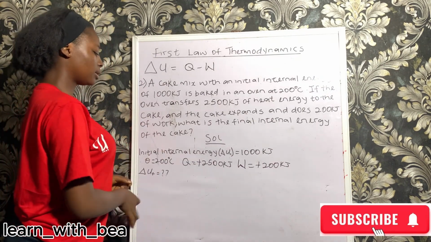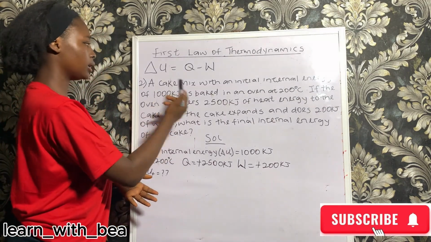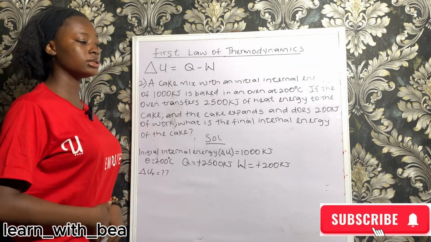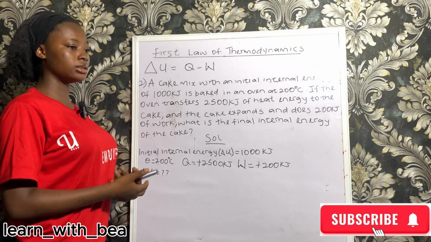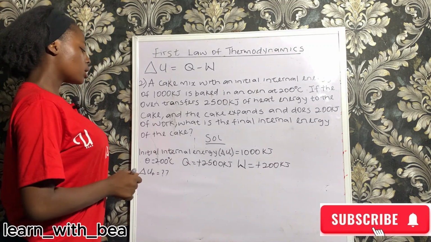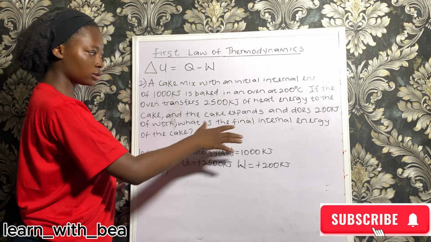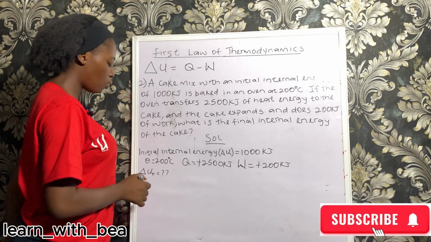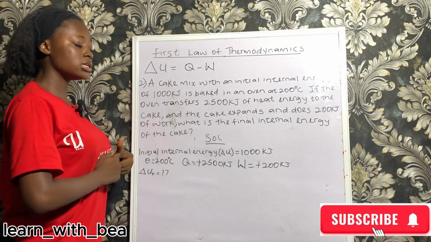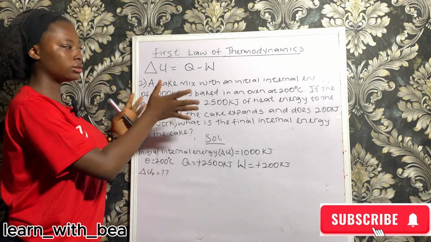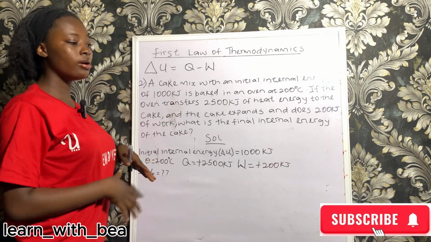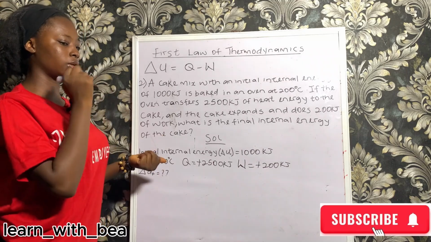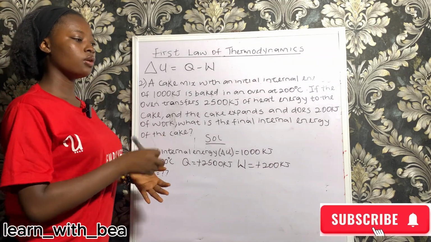After putting in the cake and all the processes, they recorded the heat that was added and the work that was done. Now we are asked to look for the final internal energy. To get that, you have to know the initial energy. The system already has an initial internal energy before the cake was added, so we need to know the internal energy for the cake.